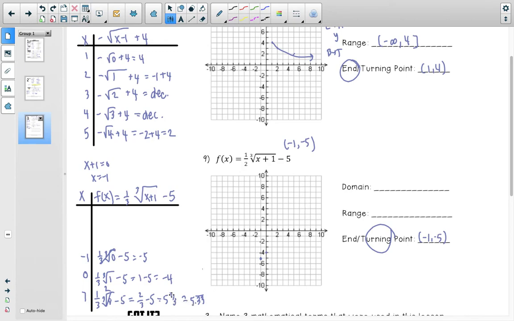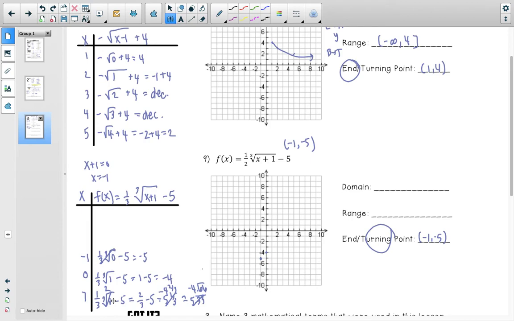Sorry, it's not negative. It's 4 2/3 because there's a negative right here. So that makes it negative 4.66 repeating. Am I losing my mind? I might be losing my mind. Cube root of 8 is 2. 2/3 minus 5 is negative 4.33. I think I made a mistake somewhere.